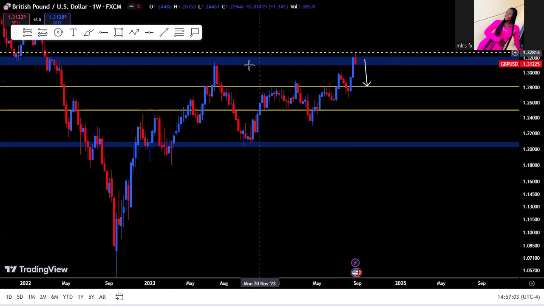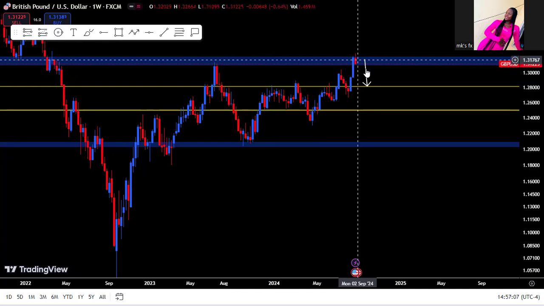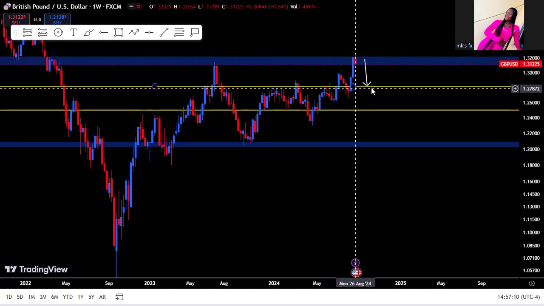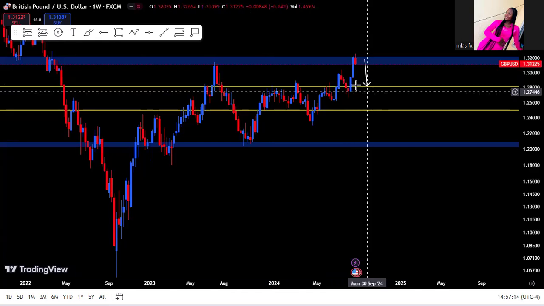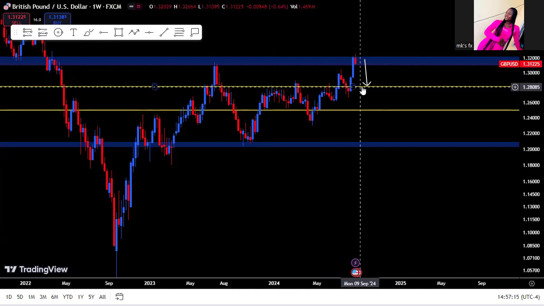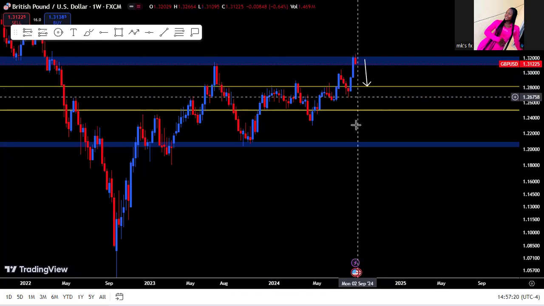As price has made contact with this zone, with our resistance, we can see the sell pressure pushing back to the downside. So at least we should make contact with the monthly high, this zone, before we can have a push to the upside or break to the downside.